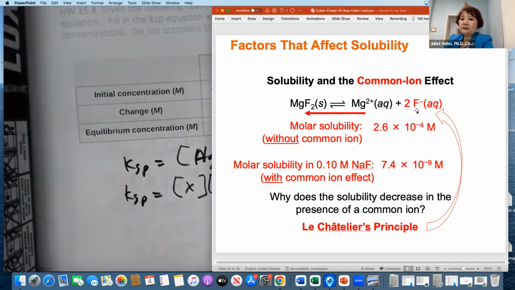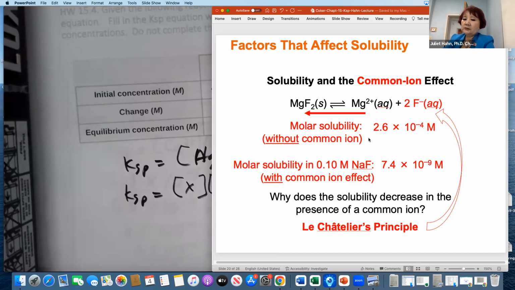We're adding more to this side. If you add more concentration to the product side, it drives the reaction back toward the starting material. So if you add more to this, it will drive the reaction that way and will affect the molar solubility.